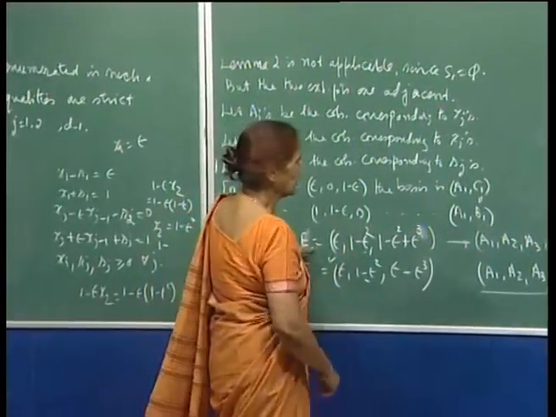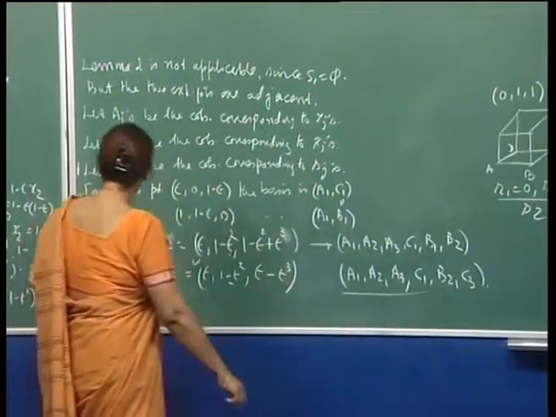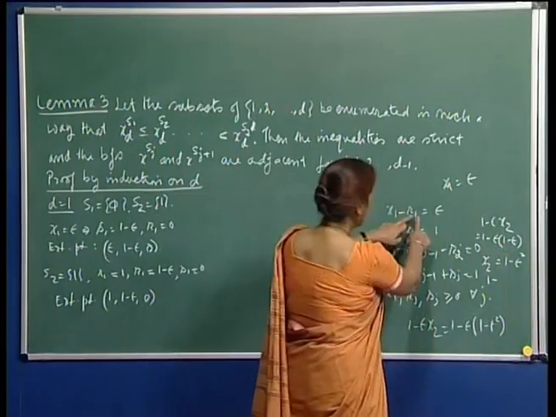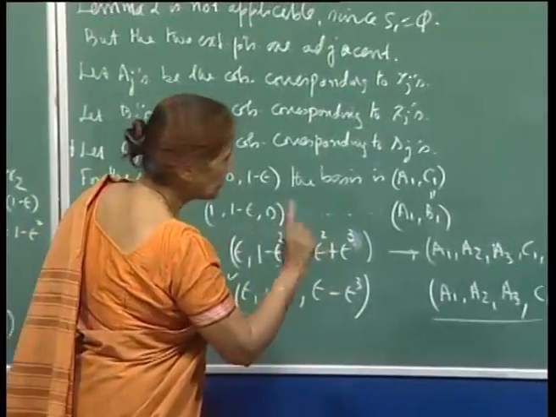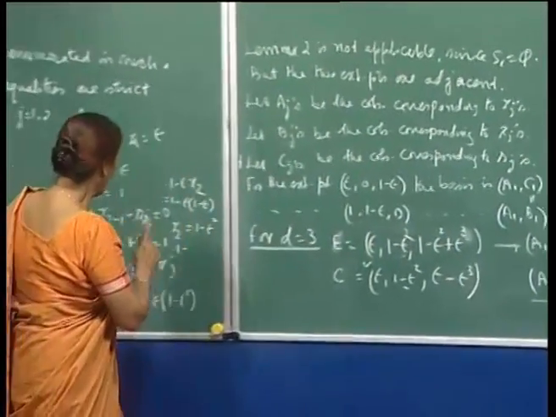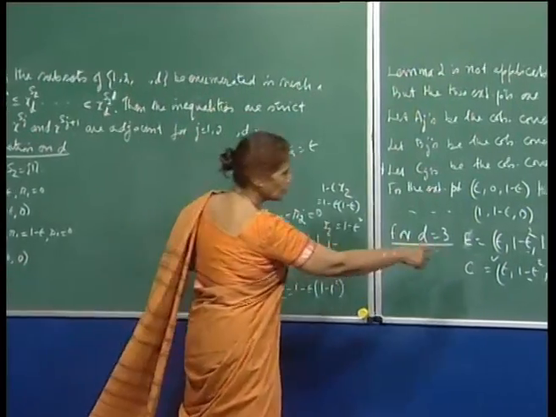Then for the point E, I am trying to show you here again. R1 is 0, therefore, x1 is epsilon. Then you again have R2 and R3 in the basis, so S2 and S3 are 0. If S2 is 0, you immediately get 1 minus epsilon square.